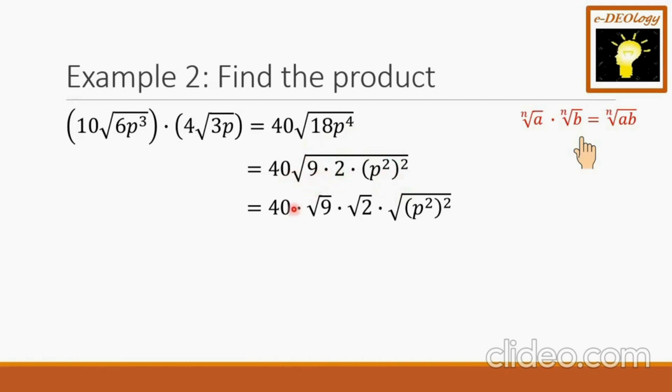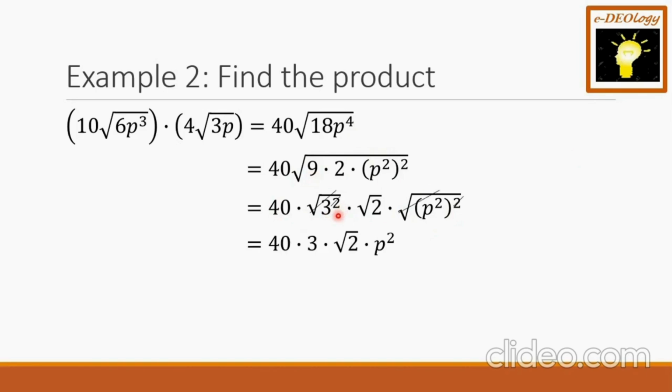So we have now, first the 40 I copied here, times the square root of 9, times the square root of 2, times the square root of that p squared and again squared. The next is we will show that 9 to be a 3 square value. And then we are now to simplify further.